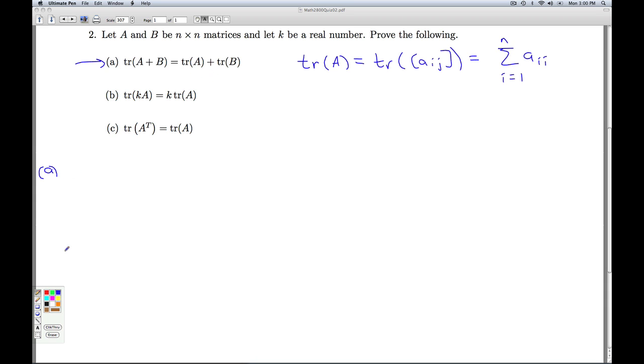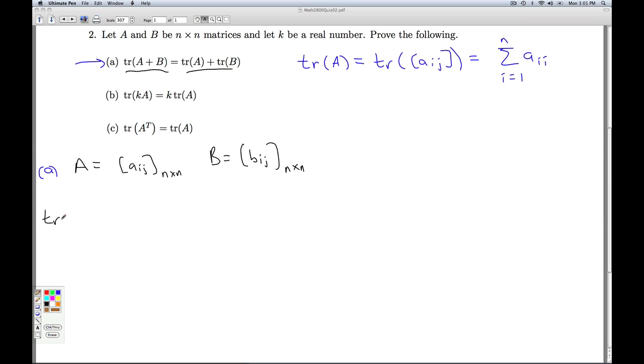As always in these proofs, we're just going to start off with A written as a_ij, and B as b_ij, two generic n by n matrices. We'll compute this and then compare it to what we get there.